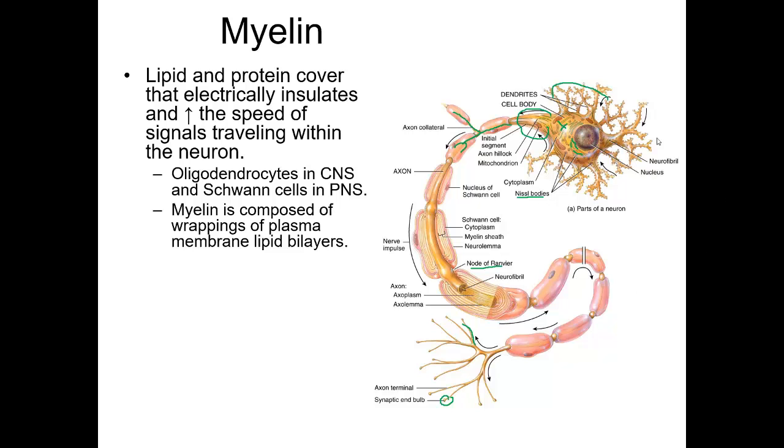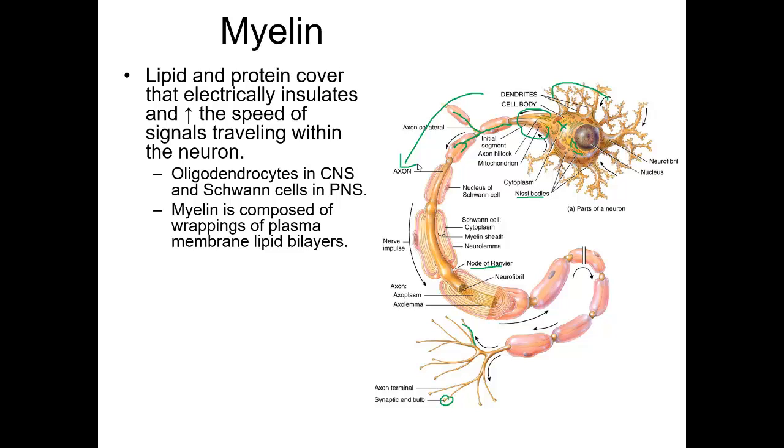Now, the myelin is basically a lipid and protein-based substance that, one, insulates the axon, and two, increases the speed of the action potential that is going to travel down the length of the neuron.